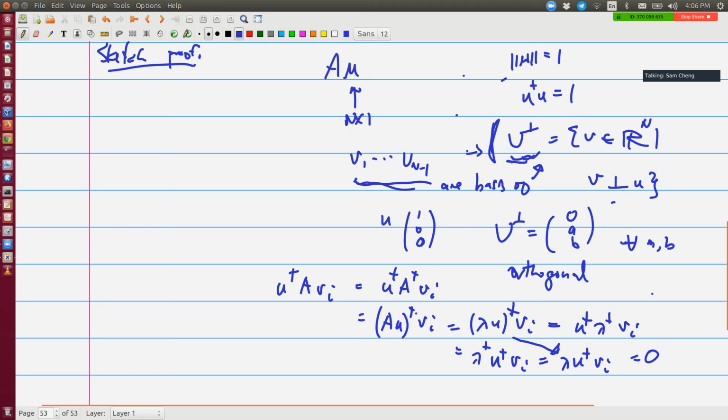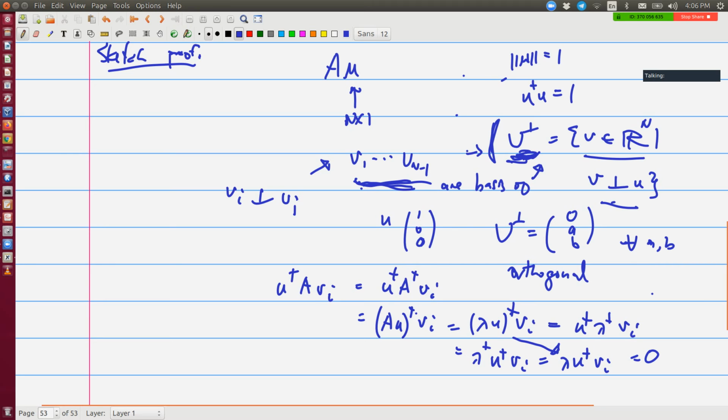Any vector inside this space will be orthogonal to U, because that's the definition of U orthogonal: it includes all the vectors orthogonal to U. I should also be careful: the V's should be orthogonal to themselves too, so Vi is orthogonal to Vj. So U will be orthogonal to Vi here.